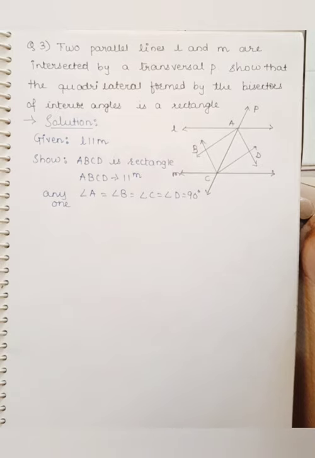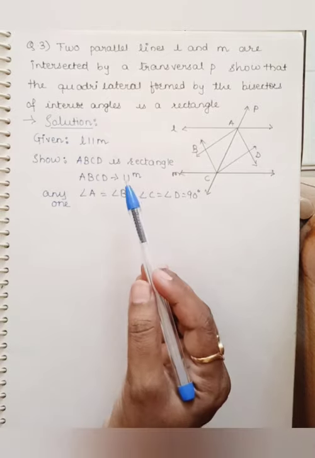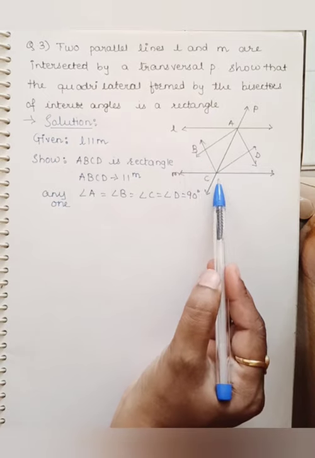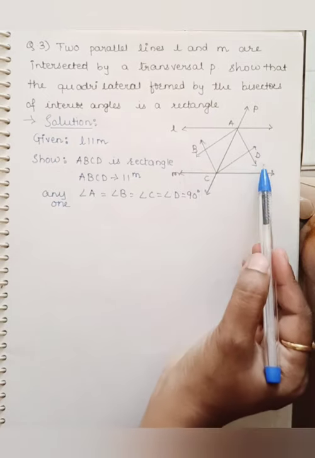So the thing to be proved is just to show that any one angle is 90 degrees, isn't it? Okay, so first we have to show that ABCD is a parallelogram. It means AB is parallel to CD or BC is parallel to AD.